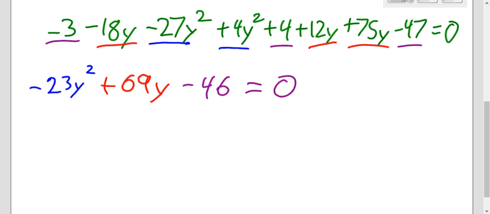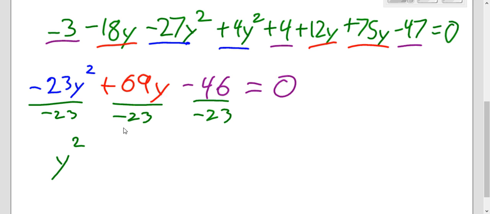So now we're going to factor. All of these terms can be divided by 23, so we're going to divide everything by -23. So you get 1y squared minus 3y. Negative over negative is positive, and that's 2.